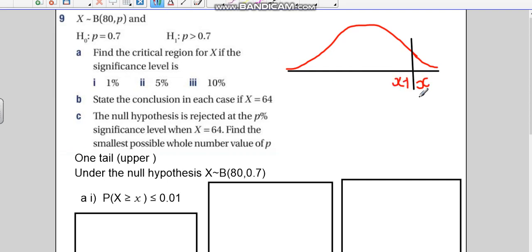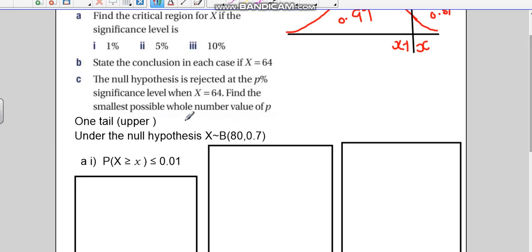So for x I would reject, and for x minus 1 I would accept. So what value would this bit take? Well, if this is 0.01 here, this area over here would be 0.99, because I know the whole probability has to add up to 1.